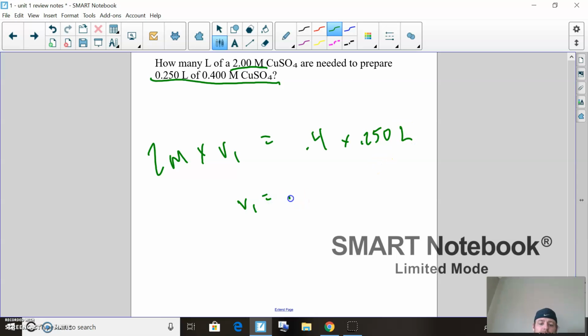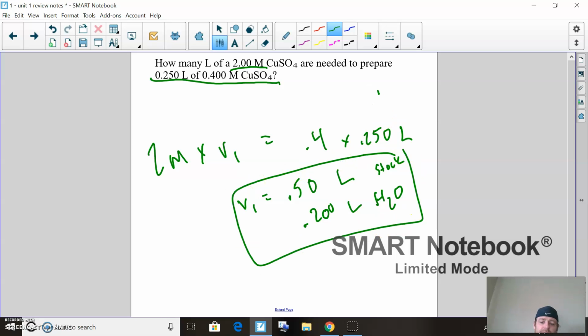Okay, so V1 ends up being 0.50, I believe. So 0.50 liters of stock, and then I would need 0.200 liters of H2O to get me to that final volume. Okay, so that's the gist of all that.